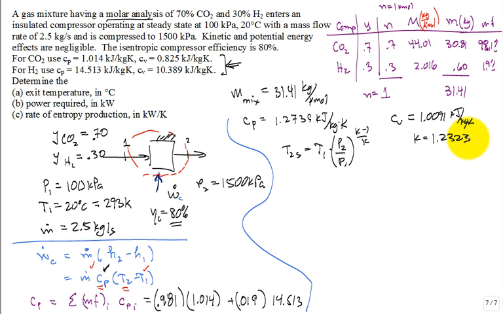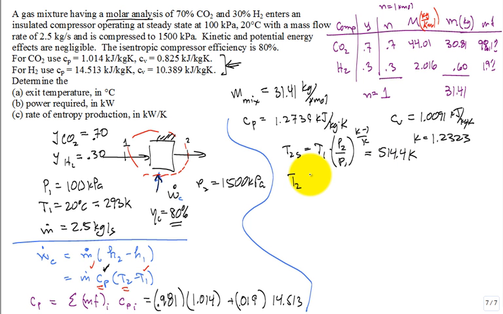So if I stick that in, I can find that T2, assuming isentropic compression, notice that I have to put in 293 for T1. I come out with 514.4 Kelvin. But that's not T2 actual. T2 actual is going to be greater or less? Clicker question.